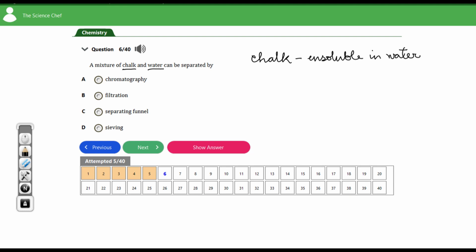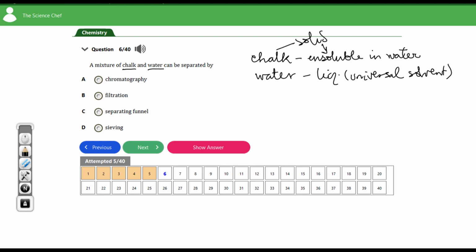Now, water is a liquid, and not just a liquid, but a universal solvent, while chalk is a solid, a solid that is insoluble in water. Are we together? So, being insoluble in water, definitely it will not dissolve in the water, just like sand.